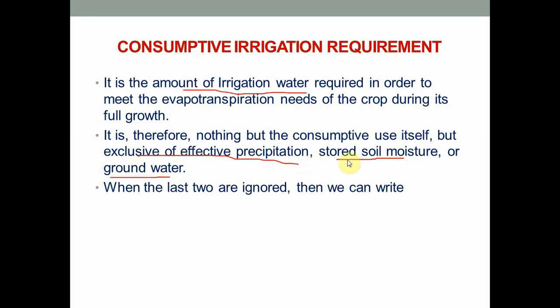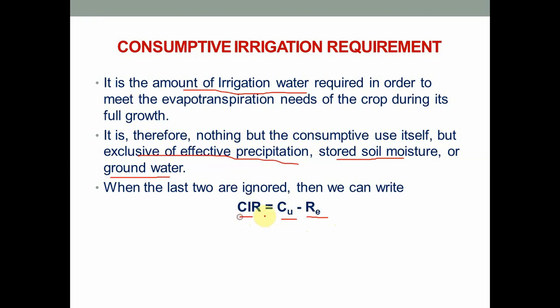Now we will consider that stored soil moisture and groundwater are negligible. We'll ignore both at this point. Therefore we can write that consumptive irrigation requirement is nothing but the consumptive use itself, but exclusive of effective rainfall. That means consumptive irrigation requirement is consumptive use minus effective rainfall.